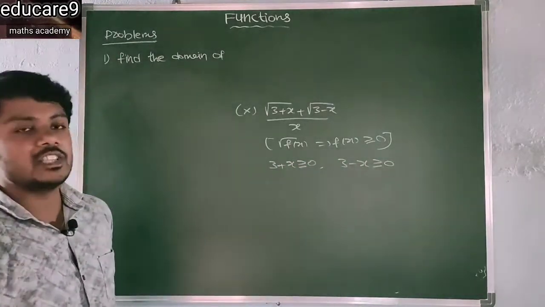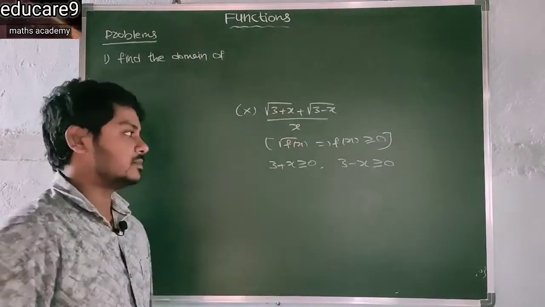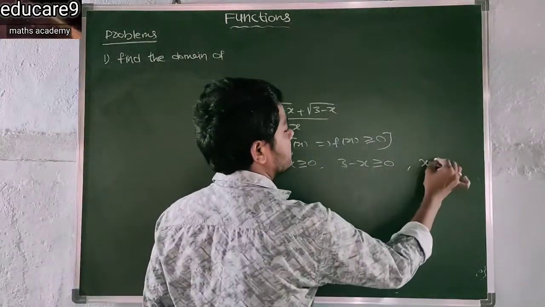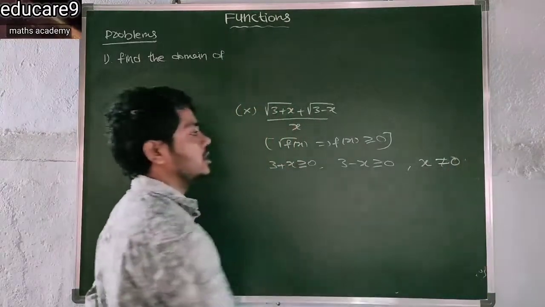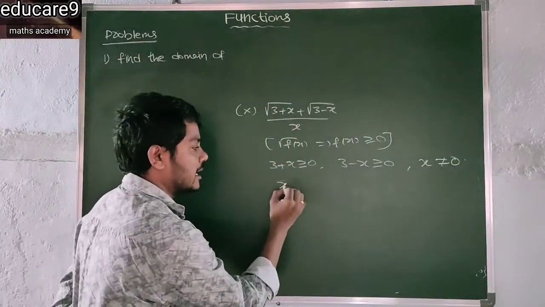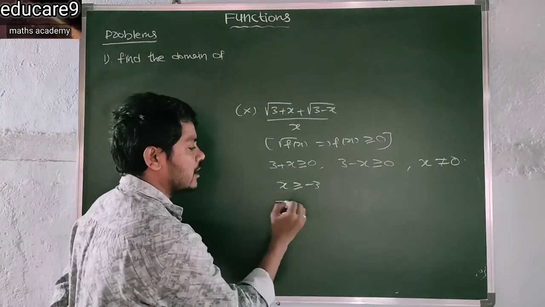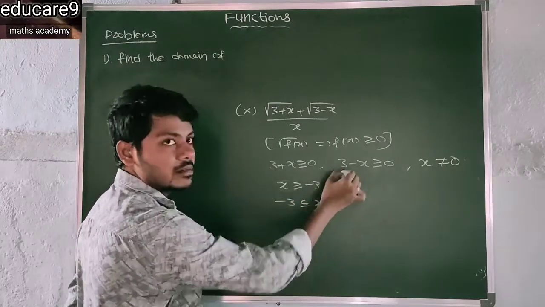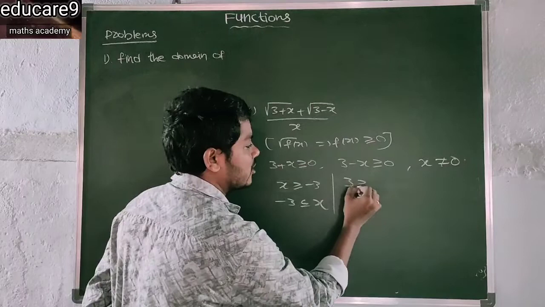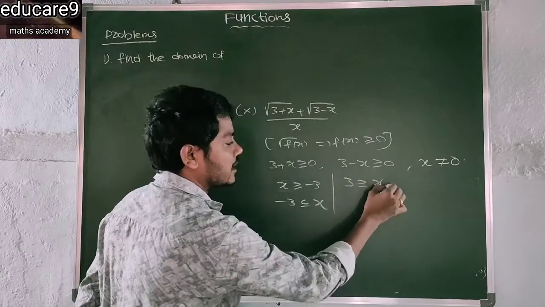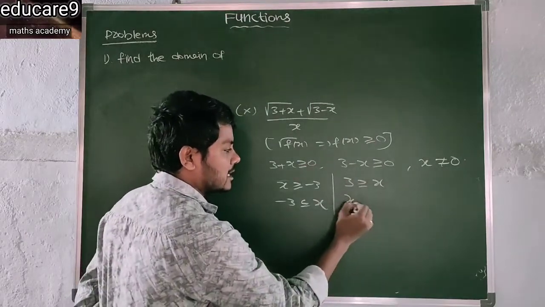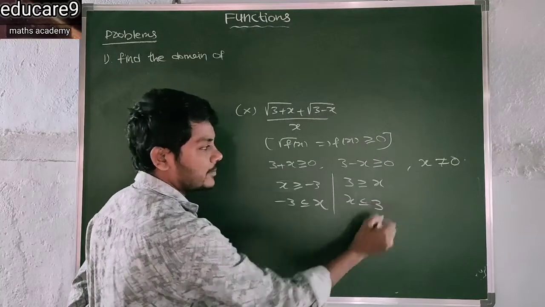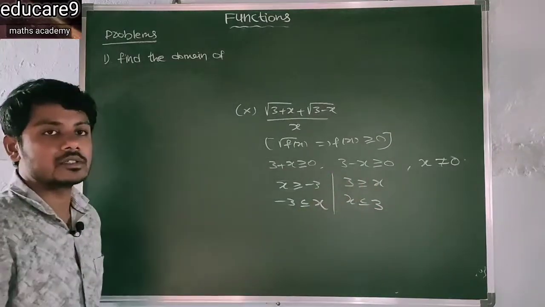And the denominator is not equal to 0, that is x is not equal to 0. Now this is x is greater than or equal to minus 3, minus 3 is less than or equal to x. Here 3 is greater than or equal to x, x is less than or equal to 3. And here x is not equal to 0.